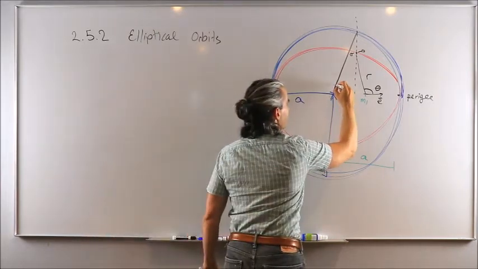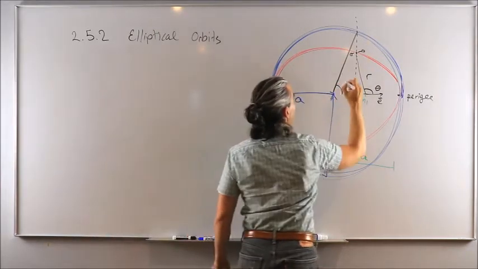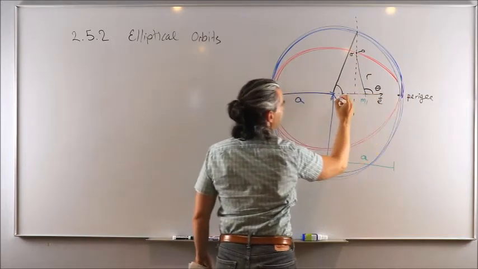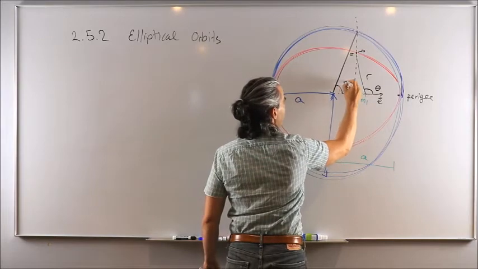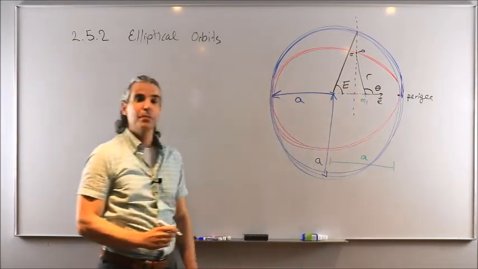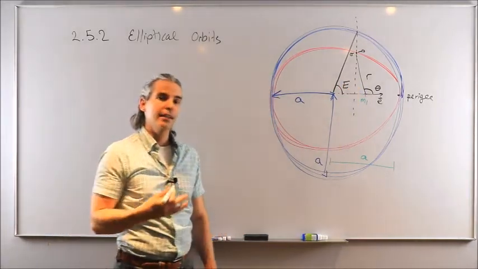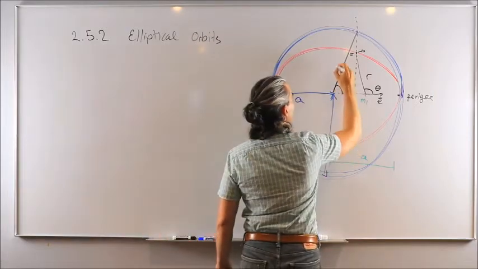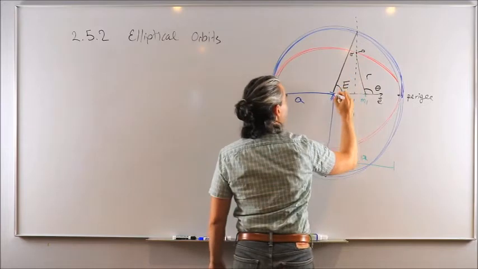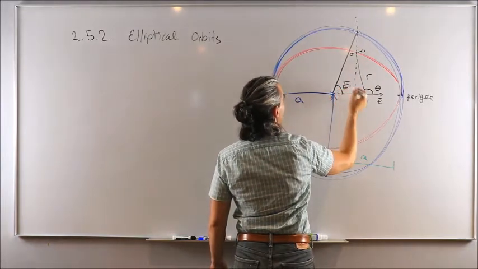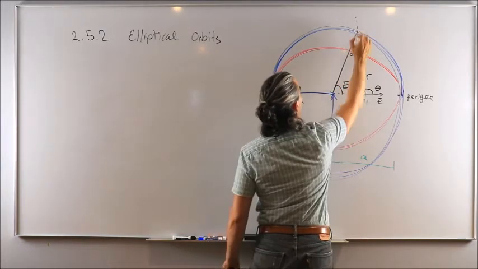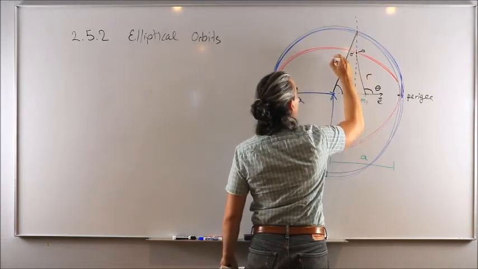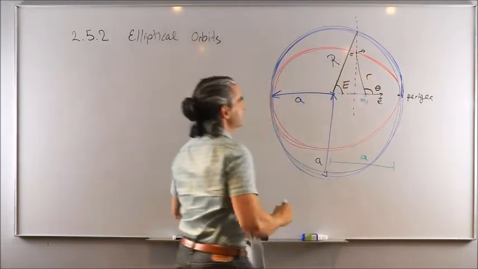And the angle that this big line draws with respect to the major axis here is your new angle denoted by capital E and called the eccentric anomaly. Okay? And we shall denote this big radius vector between the center of the ellipse or the center of the circle all the way up to where the vertical line intersects the circle as capital R.